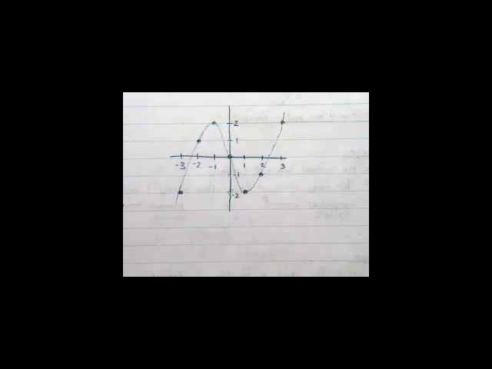Yeah, it's got rotation symmetry to it. If you rotate it 180 degrees, it should be back on top of itself again. So this maximum point would swing around to where this minimum point is and vice versa, and everything in between. So odd functions have rotation symmetry.